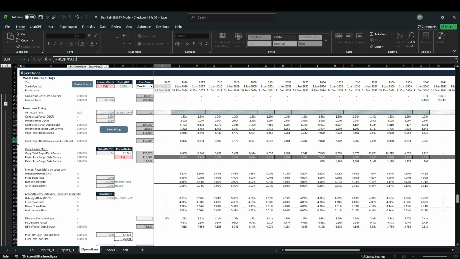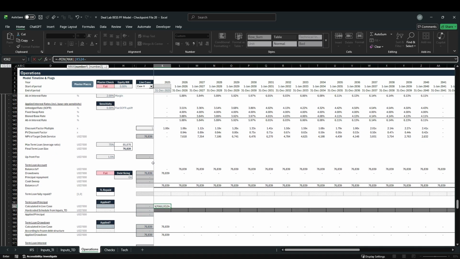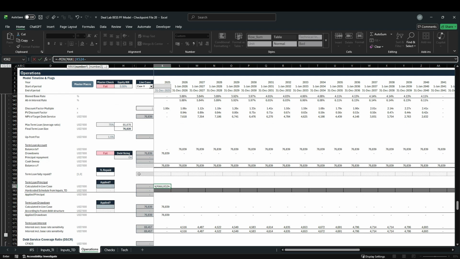So we take in row 524 our total target debt service, excluding any LC interest. So pick up K524, and then we subtract our interest expense. And here in the live case, which is also the debt sizing case, we will subtract 573, including any base rate sensitivity, just in case we might consider sizing on an interest rate flex assumption.